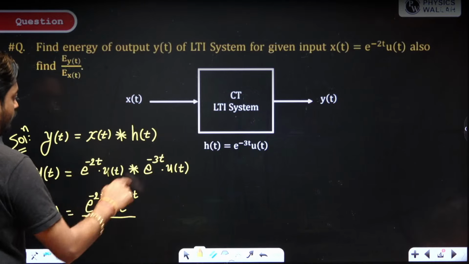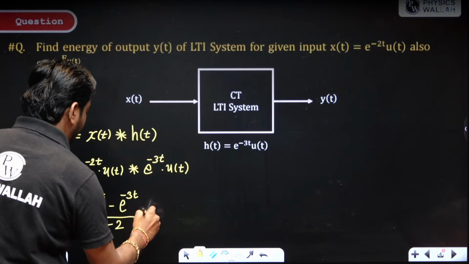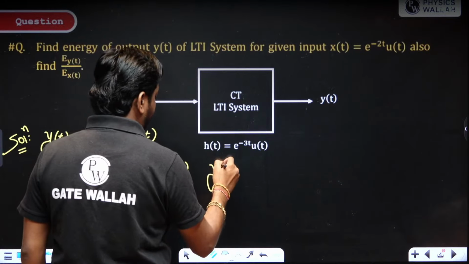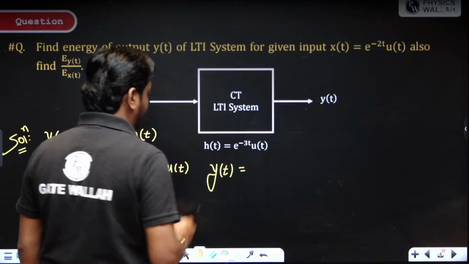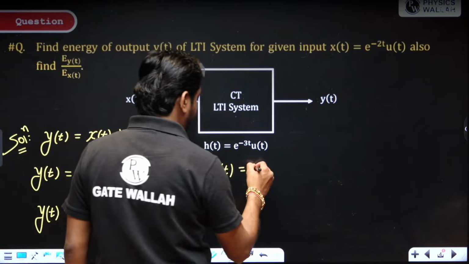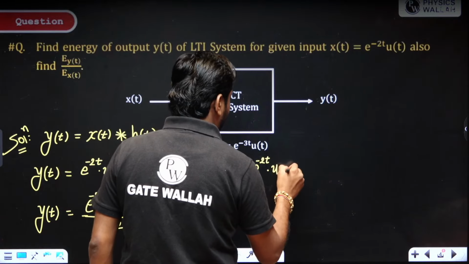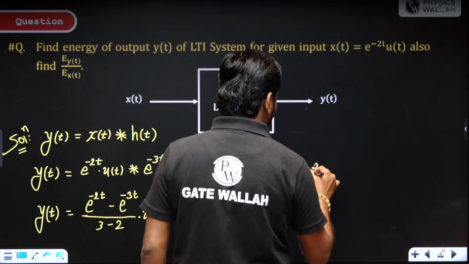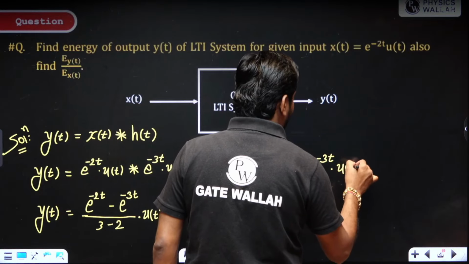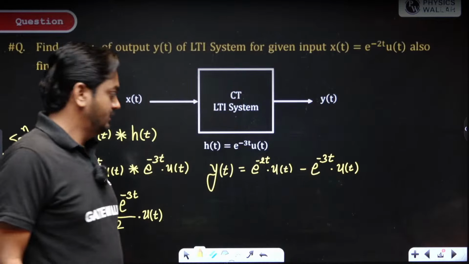Here a equal to 2, b equal to 3, so 3 minus 2, into u of t. So we are getting y of t equal to e to the power minus 2t into u of t minus e to the power minus 3t into u of t, right? So this is the output.